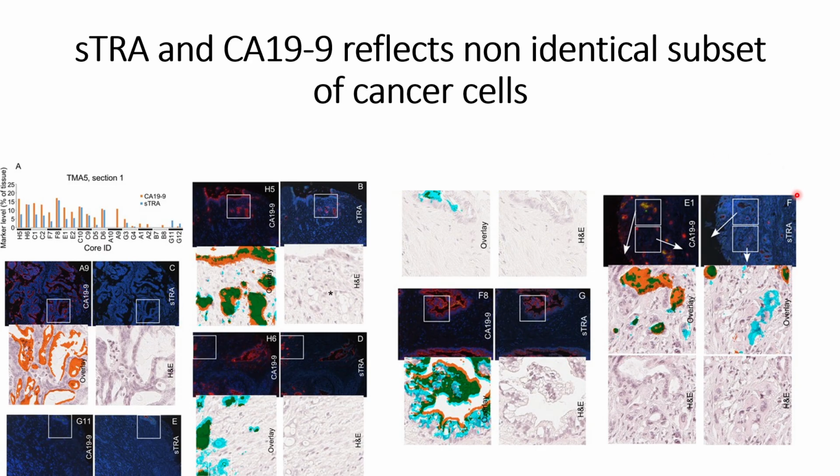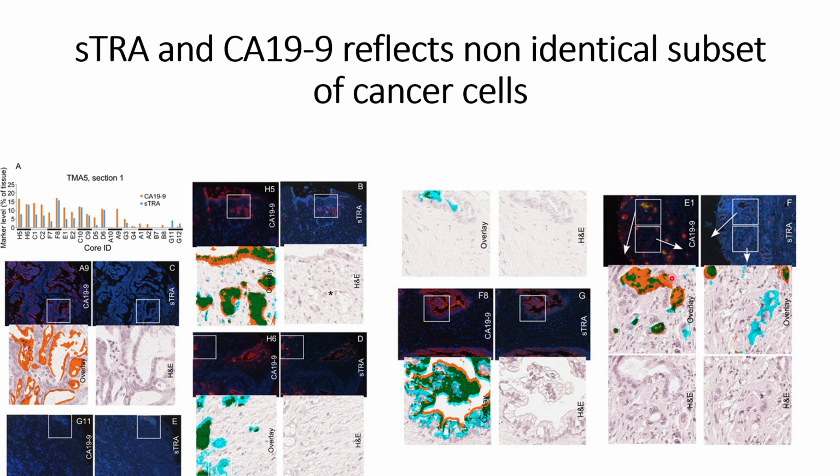And when they checked the panel F core, they saw that the expression level of sTRA, the cyan, is dominant over the overlap or the CA19-9 expression levels.